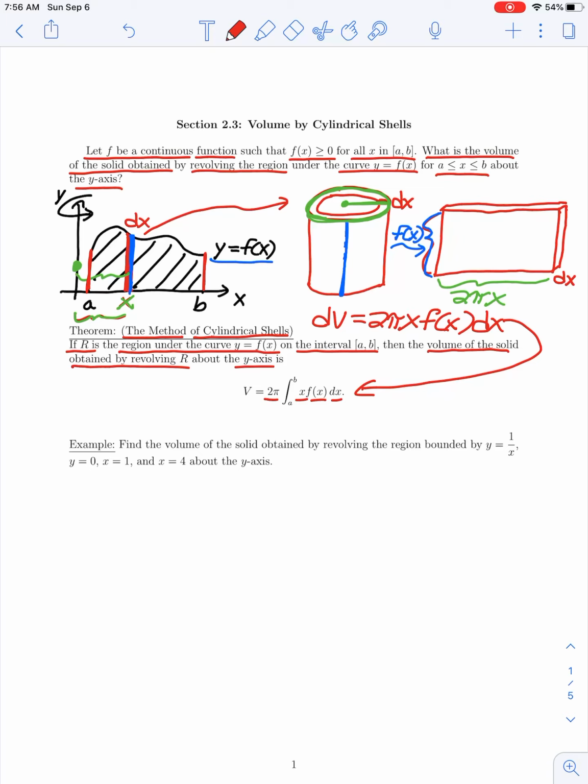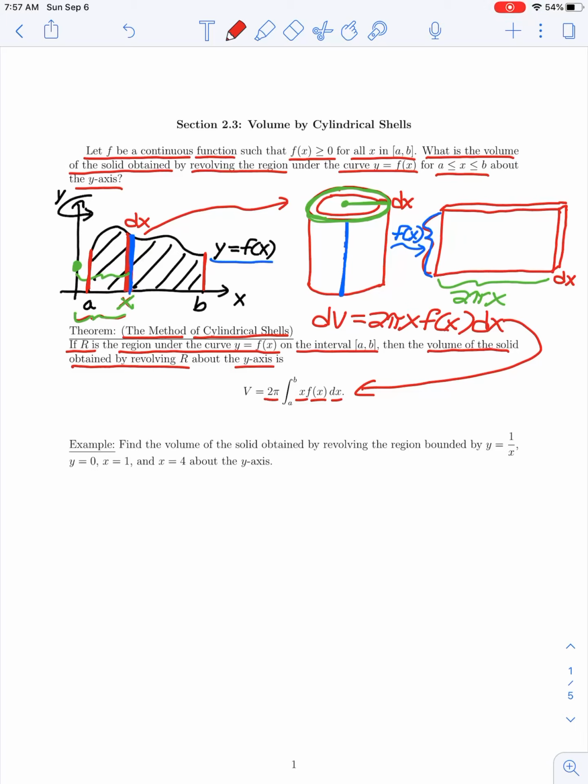Or we'll also see some examples where it might be easier to slice our region bounded by the curves with a horizontal slice, and we want to revolve around a horizontal line. So in the case that you're taking a vertical slice or a horizontal slice, and you're revolving about an axis which is also a vertical line or a horizontal line, you're going to make use of this shell method, or the method of cylindrical shells.